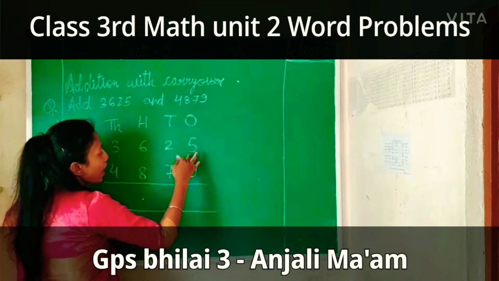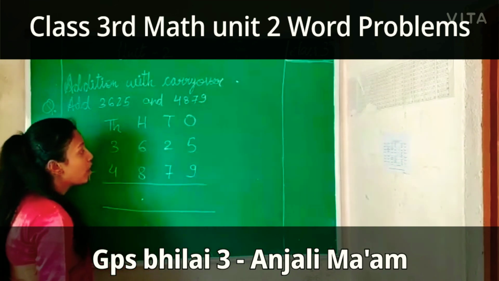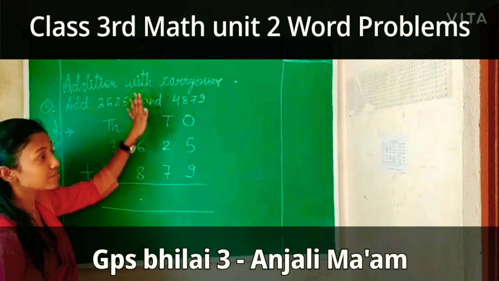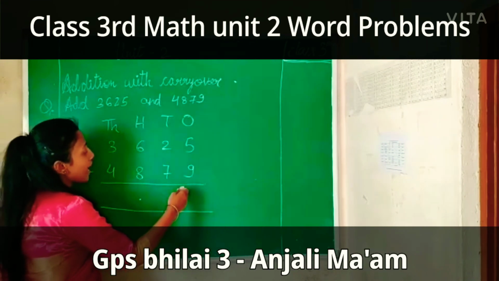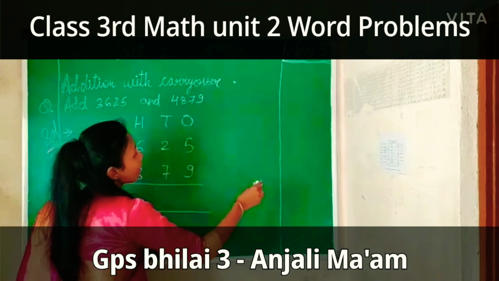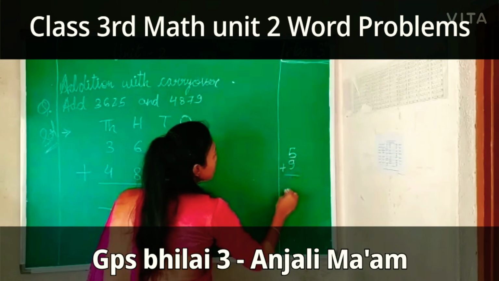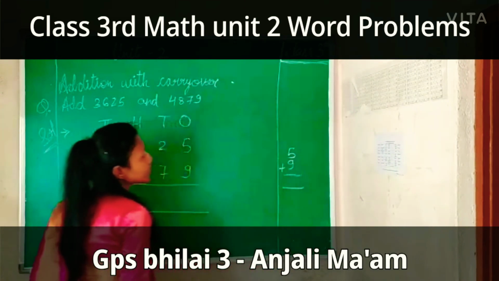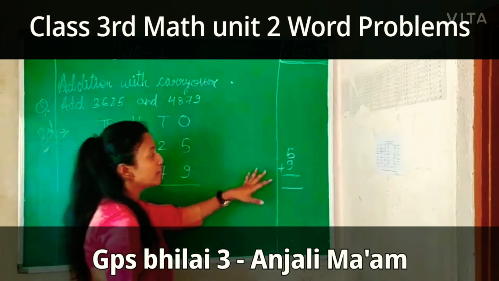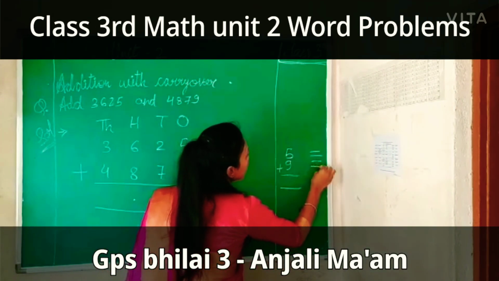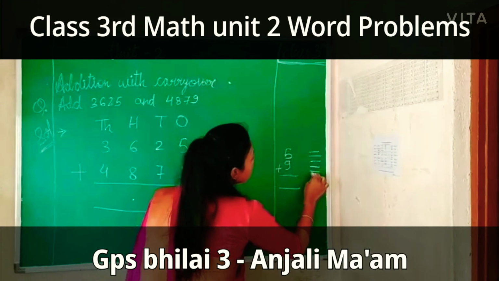So here it is given 5 plus 9. You have to do this addition because this is the addition with carryover. Now you have to add this number here, 5 plus 9. Count it, how much it is.